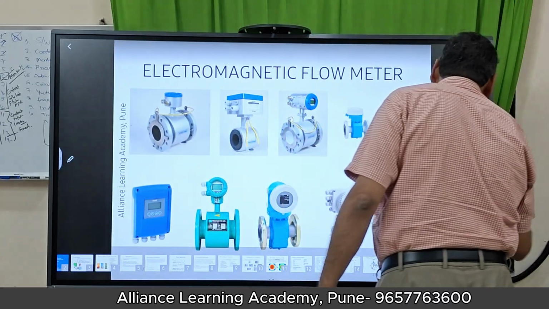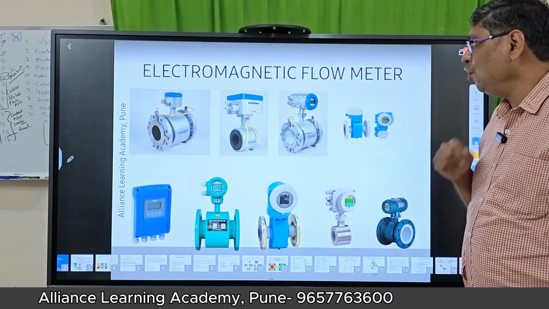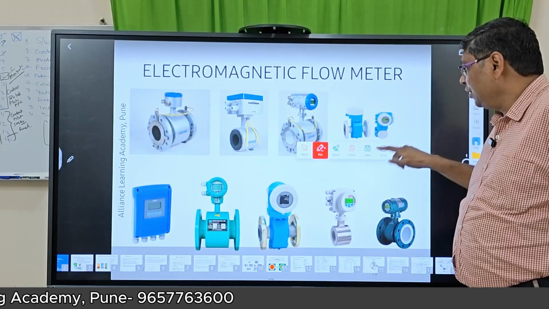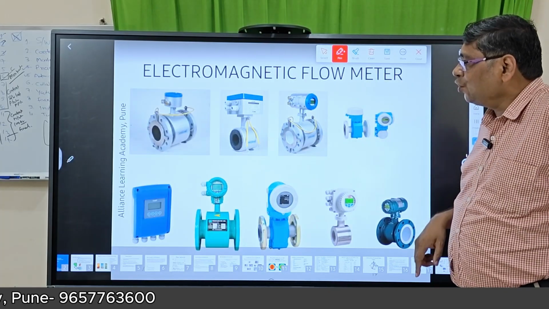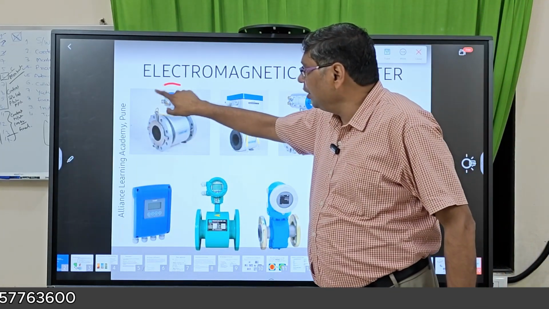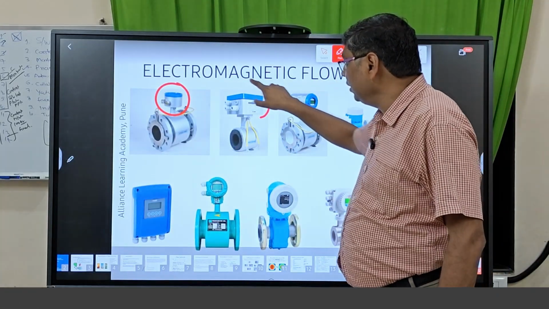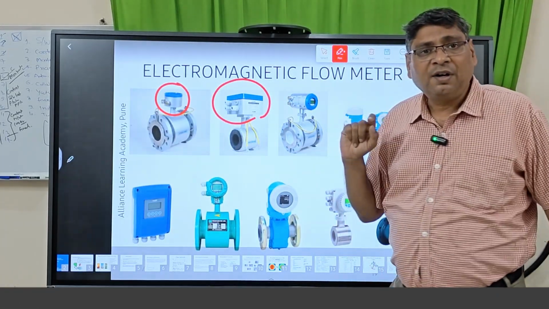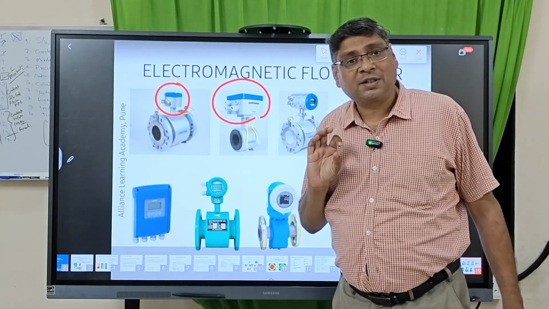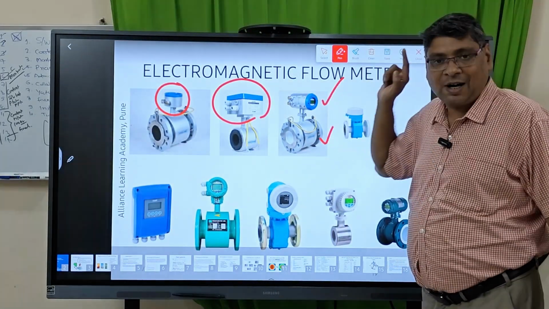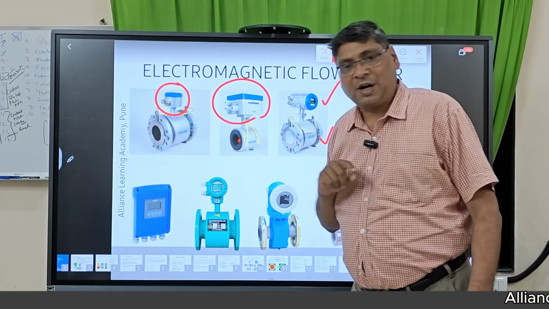If you observe the different pictures you are seeing here, in this one there is only a junction box, no display. Here again there is no display, only a junction box. Here you are seeing the display as well as the sensor part. These are only sensor parts.